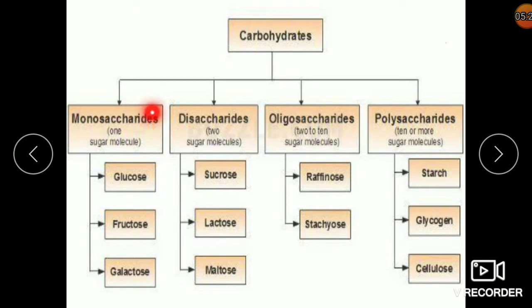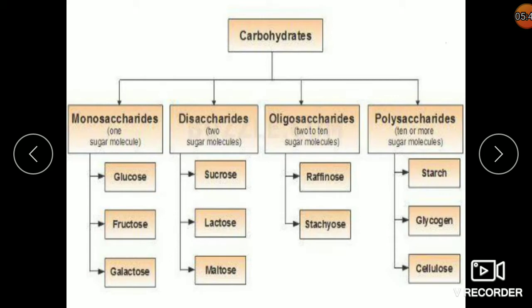So hydrolysis will not break them down to form a new simple carbohydrate. Under monosaccharide, we have to discuss glucose, fructose and galactose. These are examples of monosaccharides.